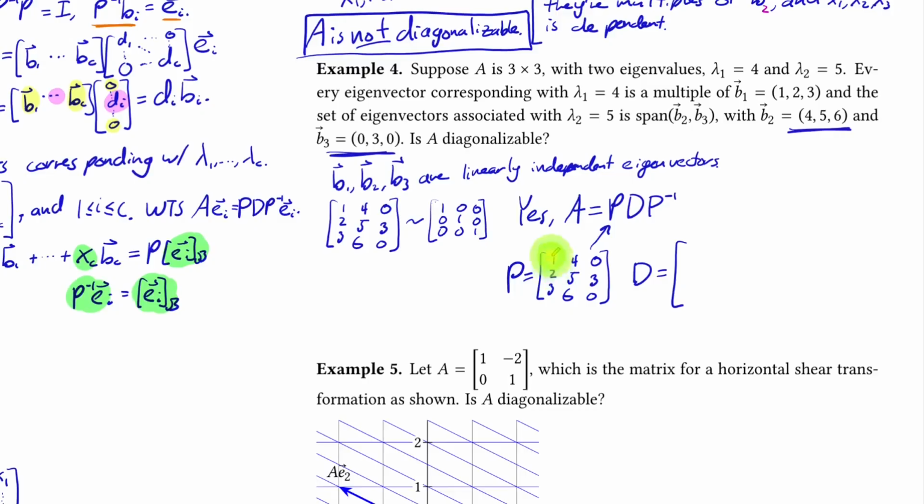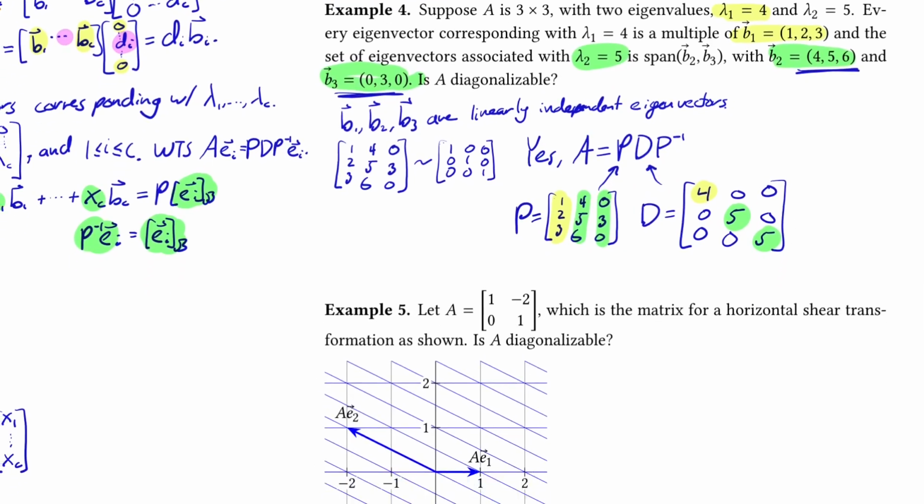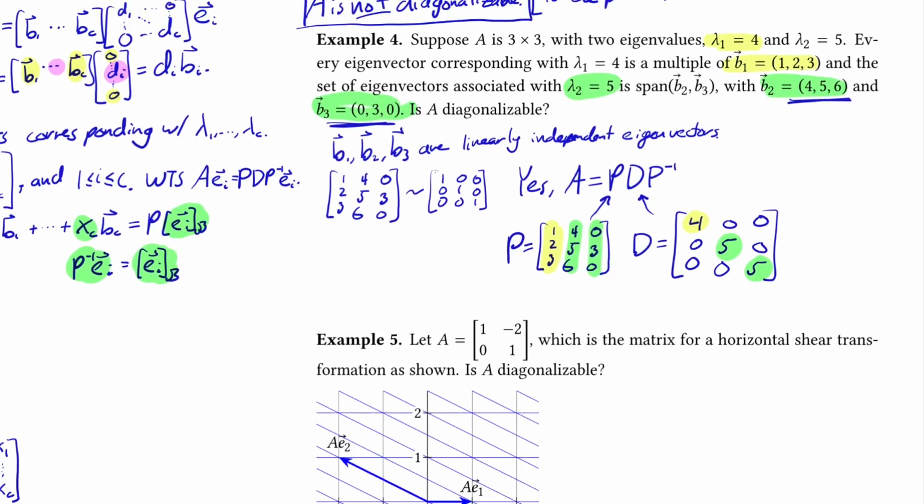So here we have b1 that corresponds with lambda 1. So this should have a 4 here in the first row, first column. And then b2 and b3 are eigenvectors associated with lambda 2, which is 5. So we need to have the 5 in the second and third columns. Cool. Okay, let's keep going.